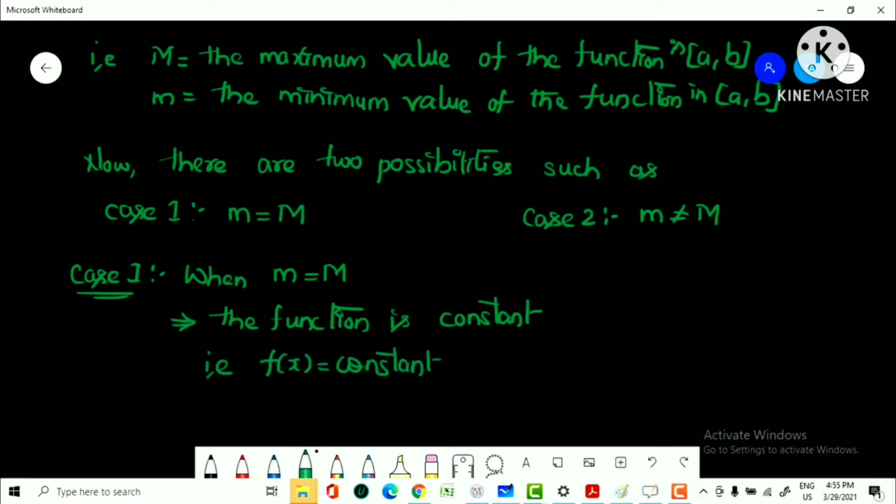How can we understand this? Using a graph. Suppose I have a graph like this. So this is the maximum value of the function. This is maximum. Okay, this is the minimum value.